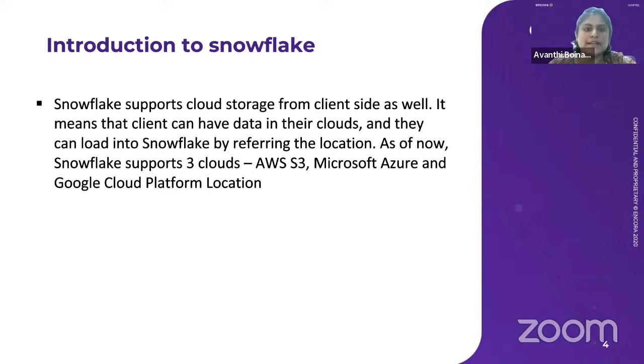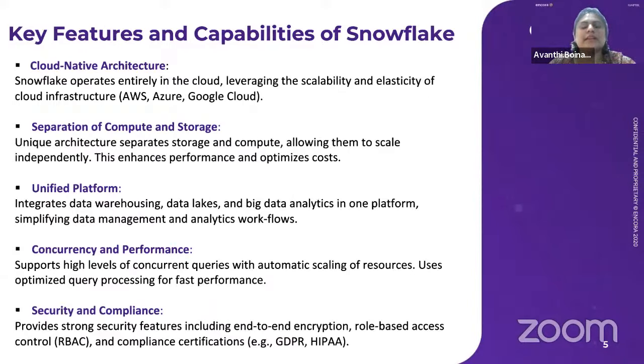Coming to the next content, that is key features and capabilities of Snowflake. First, cloud native architecture. Snowflake operates entirely in the cloud, leveraging the scalability and elasticity of cloud infrastructure.